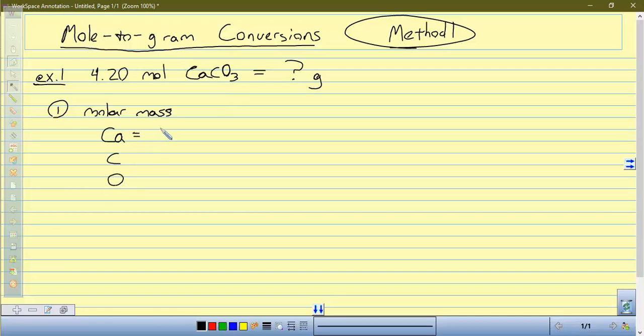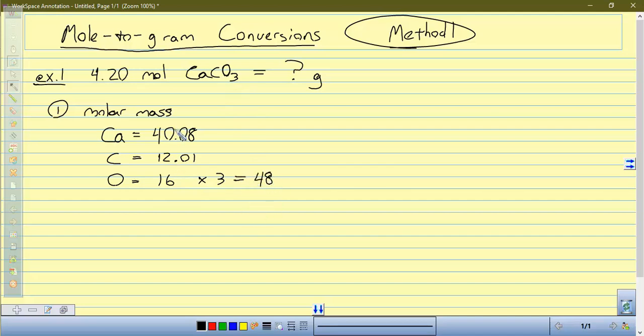So calcium is 40.08 grams per mole. Carbon is 12.01. Again, I'm looking all this up on the periodic table. Oxygen is 16. We've got to go times 3 on that one because there's a subscript of 3 right there. So 3 times 16 is 48.